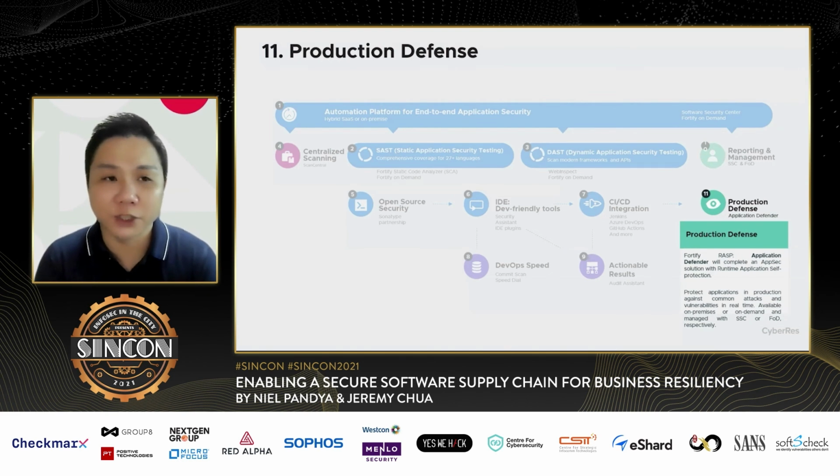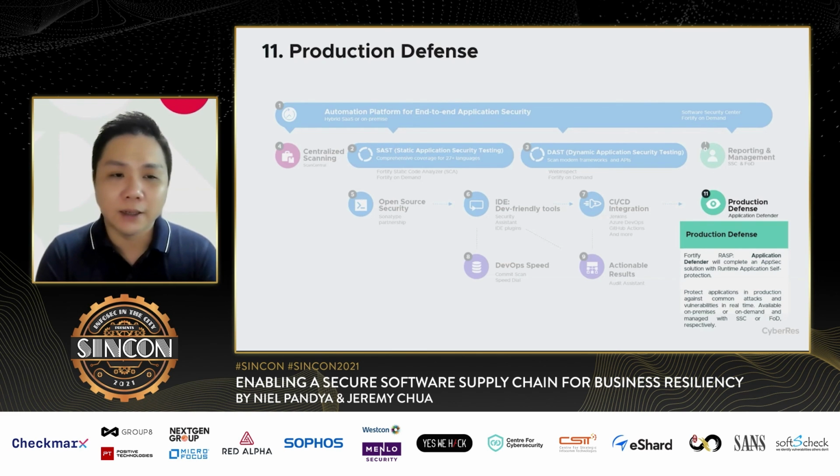So moving to production, we integrate with runtime application self-protection, which provides an agent installed on the application server. It instruments the application, and by instrumenting the application, it understands certain context of the application. So it is not like a web application firewall, which inspects the packets that come into the network, for example through HTTP or HTTPS. Runtime application self-protection scans the data that is coming directly into the application because it instruments it.